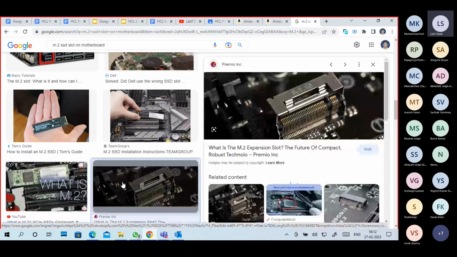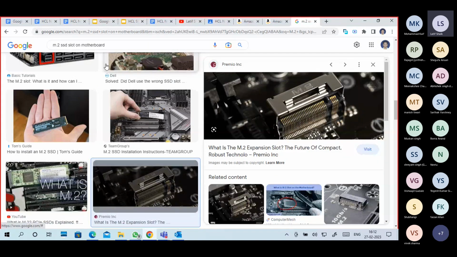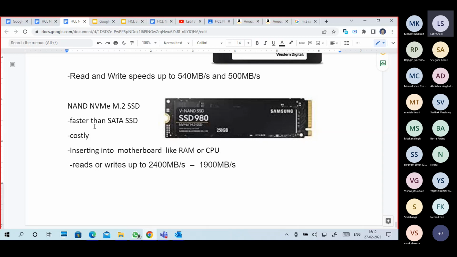Why? Because the storage may not be enough. They are giving 240 GB, 500 GB, which may not be enough, and you may need more space. So compulsorily take a system with multiple SSD slots.